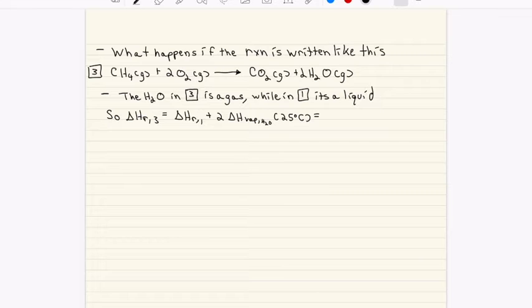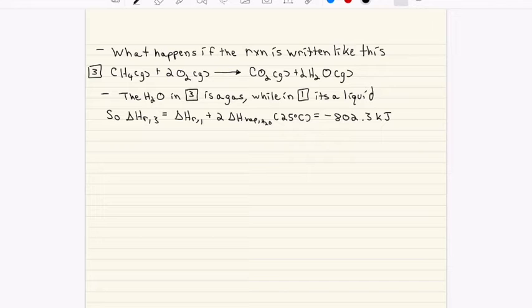If we take delta HR1 and add on 2 times HVAP at 25 degrees C, what we get is 802.3 kilojoules. Once again, this is the amount of energy that's released when 1 mole of methane is reacted, and also the amount of energy that's released when 2 moles of gaseous water is formed. All right?